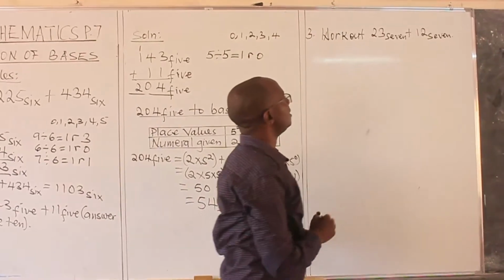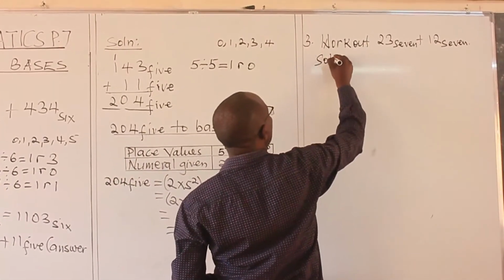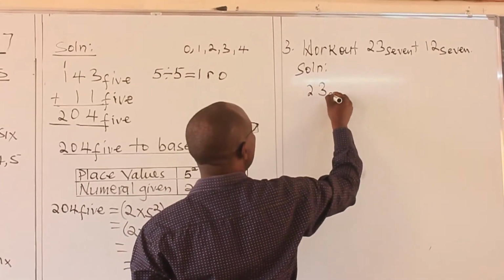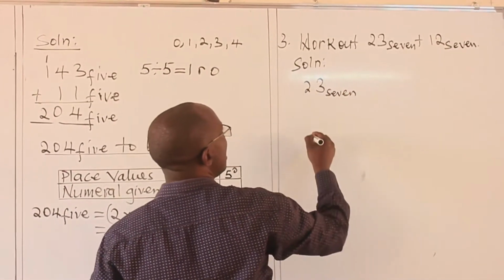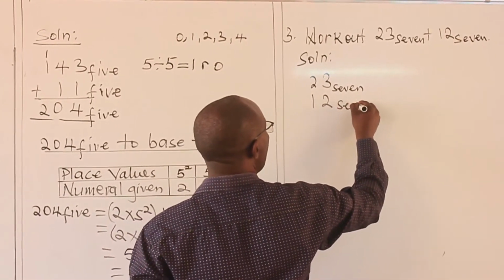Let us look at that example. So now we go to the solution. That is 2, 3 base 7 plus 1, 2 base 7.